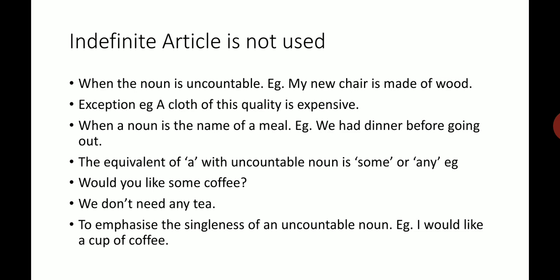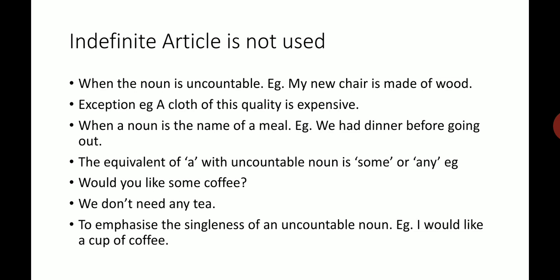Now, the equivalent of a with uncountable nouns is some or any. If we want to emphasize the singleness of the uncountable noun, we must put in front of it a phrase, like a piece of, or a pound of, or a bottle of. For example, I would like a cup of coffee.